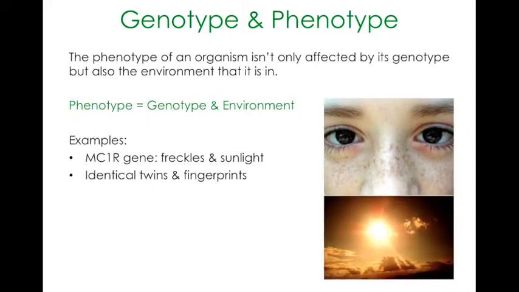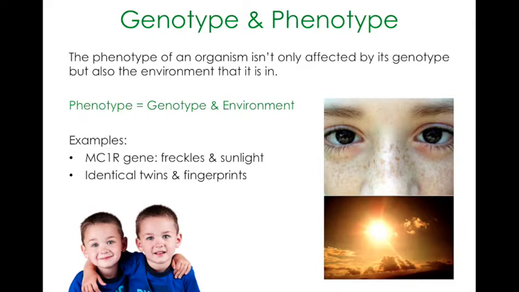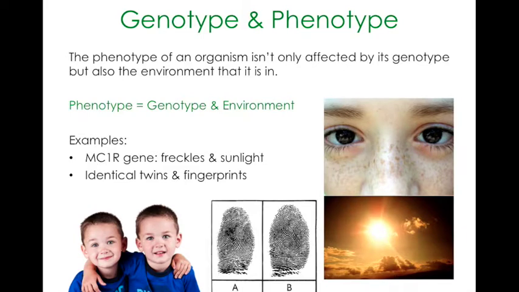Identical twins and fingerprints: you can sort of see that identical twins will generally have the same kind of fingerprints or similar-ish fingerprints, but they're never exactly the same. Yeah, so similar patterns, but never the same, despite the fact that they have the exact same genetics.